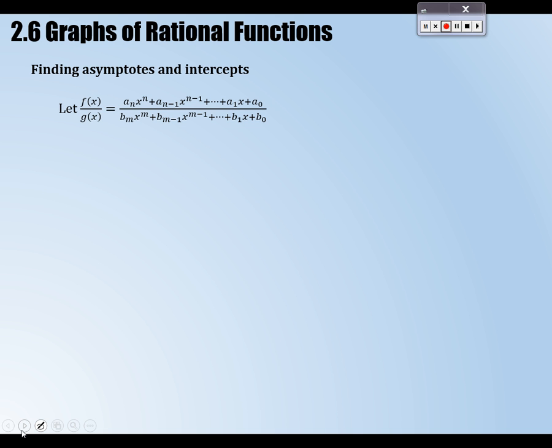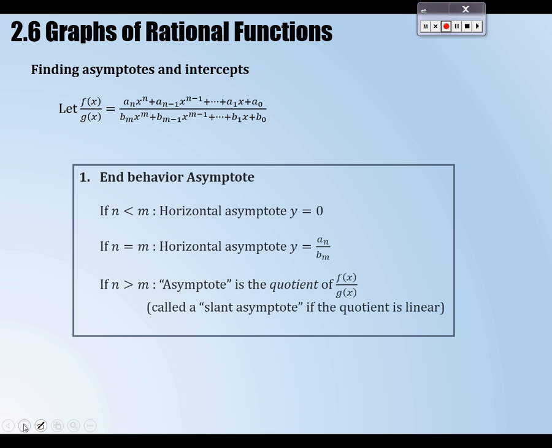I know it seems crazy to write that out, but I need to put up these properties in boxes, and I need to refer to things like n and m. For instance, what are n and m in this notation up here? It's the power, like the degree.